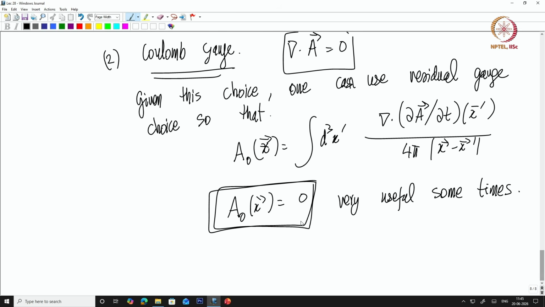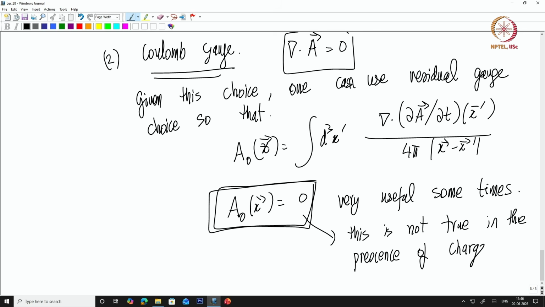This is not true in the presence of charges. Note that this is an important note. I should be careful and not oversell this. So, this is not true in the presence of charges.